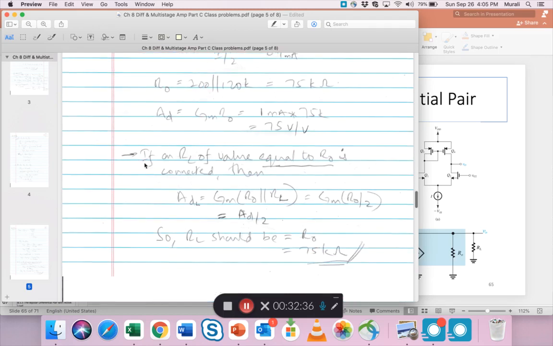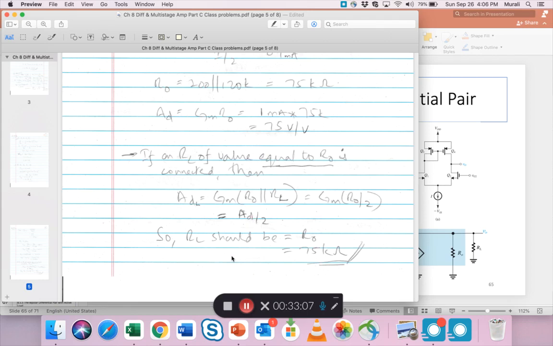Okay, now if an RL of value equal to RO is connected, that means the output resistance of the amplifier equals the load resistance, then AD with the load is just GM into RO parallel with RL, and if they are equal, then the factor of 2 is what you get. That means the gain with the load is half of without the load.